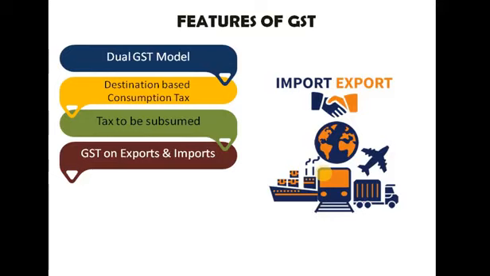That means between the states, if any transaction takes place, at that time IGST will be applicable. So here the GST is not imposed on import and export. Still we have the central sales tax for the import and export of goods and services. So we will be considering the IGST, that is integrated GST, for the transaction which takes place between two different states, that is within the country.